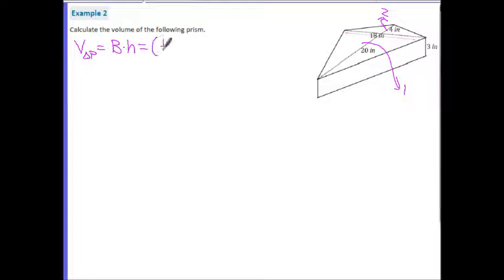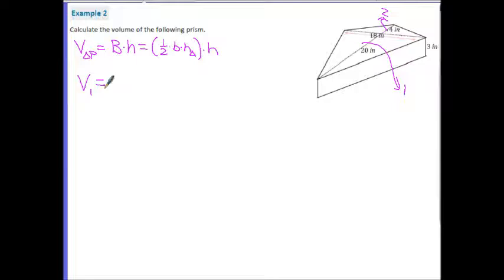So we know area of a triangle is 1/2 base times height. Now, because I already have a height in the formula, I'm going to give this a little sub-triangle so that we know that we're talking about the height of the triangle and not the height of the prism. And then it would be multiplied times the height of the prism. So using that formula, let's plug into the two different triangular prisms.